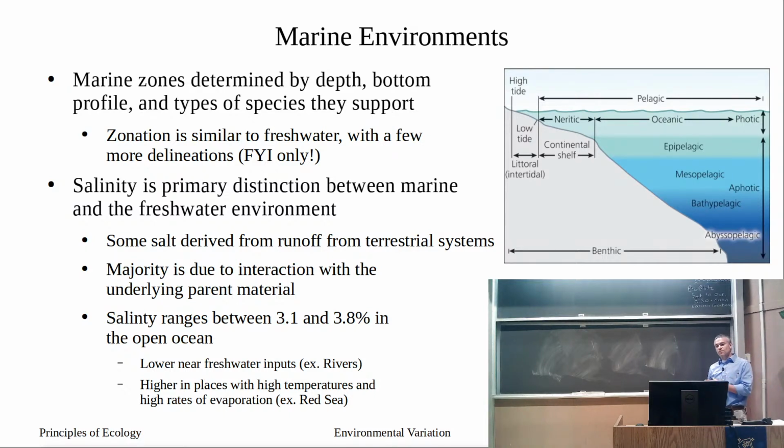We can separate the different environments based on zones, much similar to what we can in the freshwater system. But in a marine system, we can actually add a few more zones. So in a freshwater, we talked about the littoral zone, the pelagic zone, the profundal zone, benthic zone, photic zone, and so forth. So all of those are there, but we can delineate a little bit more in the ocean to include more things like the neritic zone, the mesopelagic zone, and so forth.